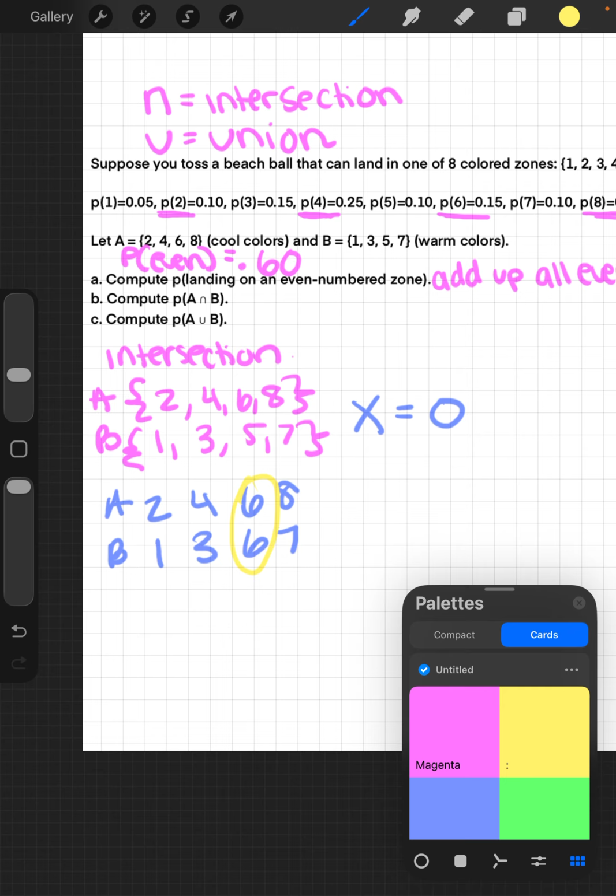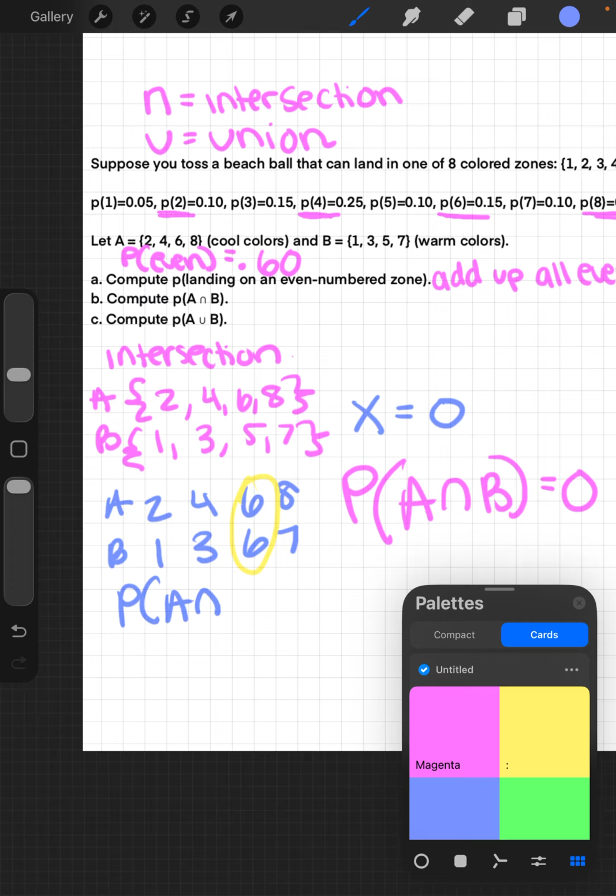But there's none because evens and odds are like black and white. So it would be 0. Well, the way you write it is P of A intersection B equals 0. But if it was this one, it would be P of A and B is 6.